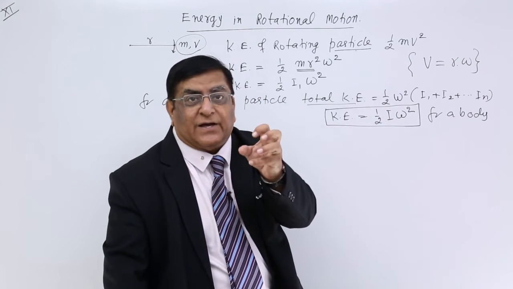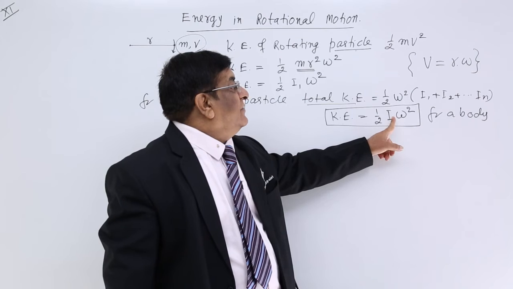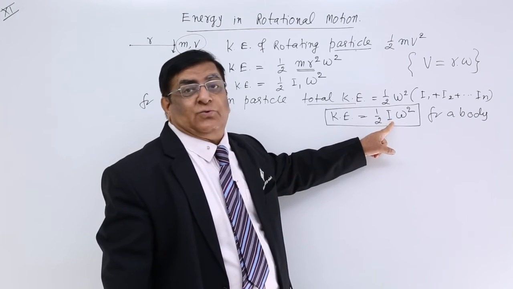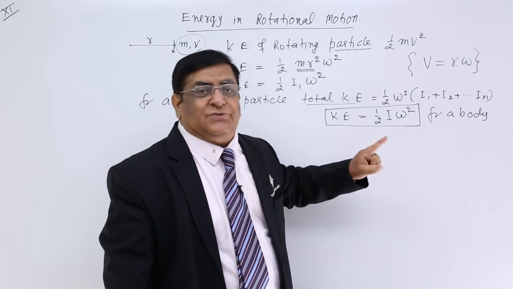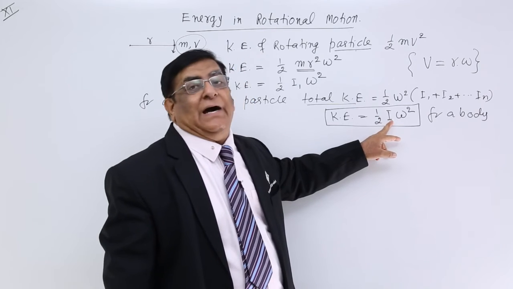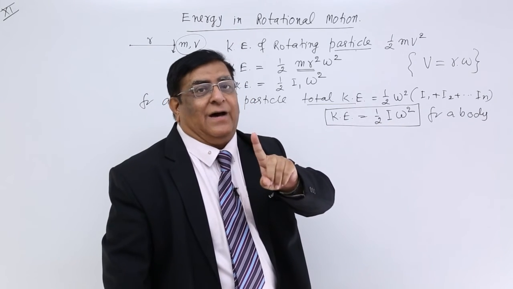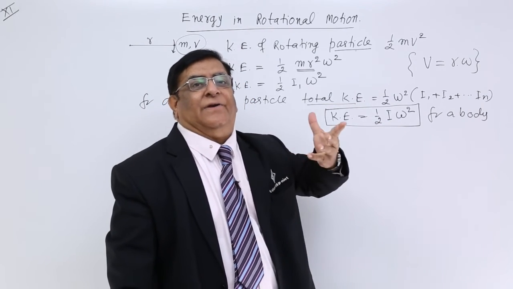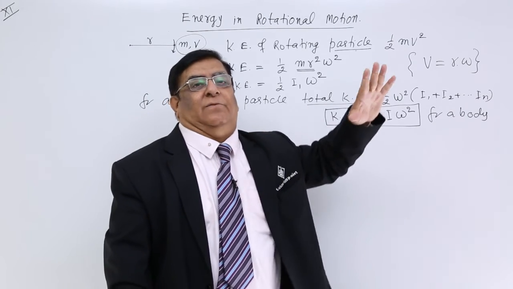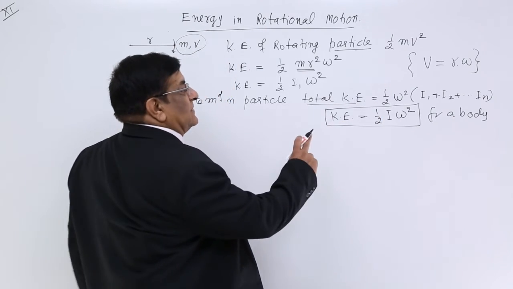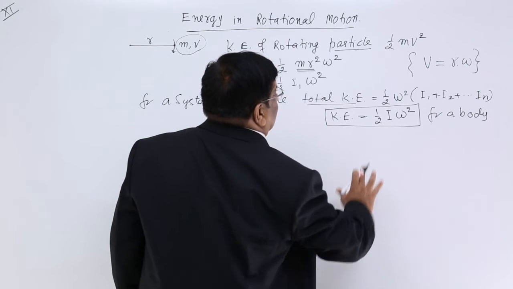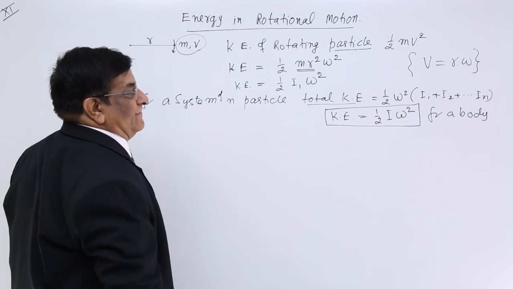If it is a sphere, then this I is equal to 2 upon 5 mr square, like that. That is why we use here only I and not m and r, because m and r are different for different geometrical bodies. So this is the formula for kinetic energy in rotation.